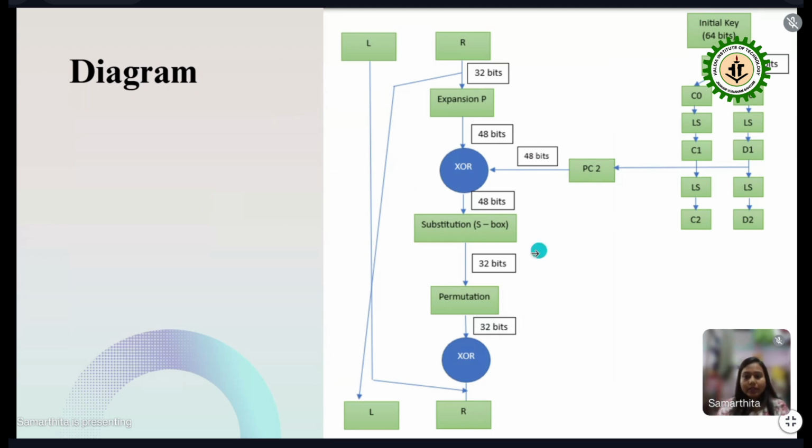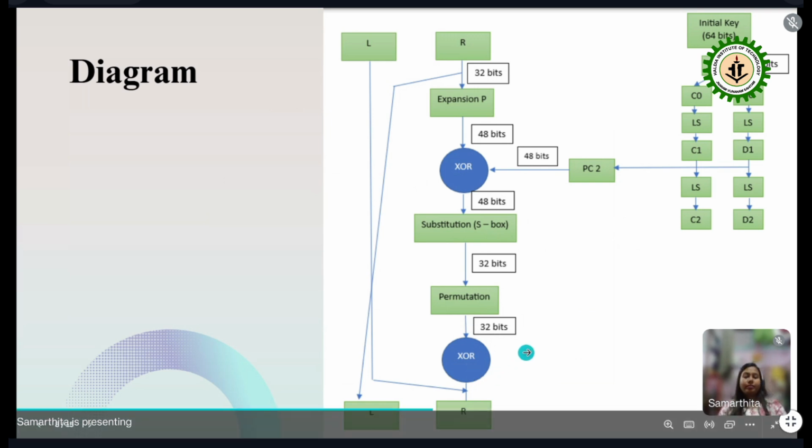And now see, from 48 bits we reduce to 32 bits, meaning 8 times 6 is 48. After reducing, the 2 bits will be discarded, and there are 8 substitution boxes, and 8 times 4 is 32. Next, permutation will happen, meaning the bits are rearranged, and the XOR operation will happen. After the XOR, the left plain text is added here, and the swapping will be done.